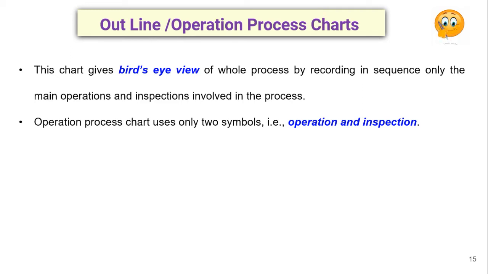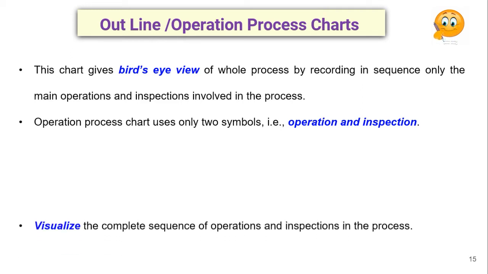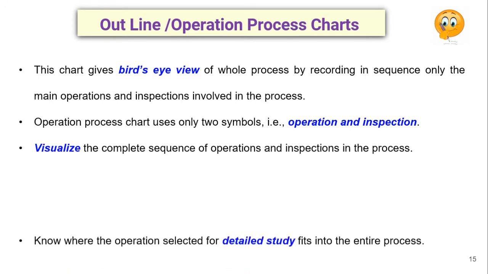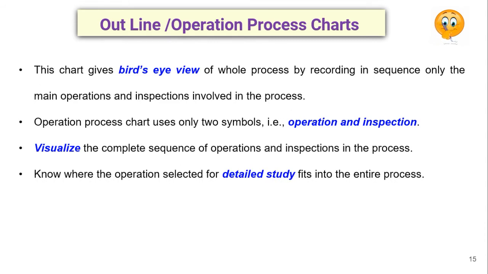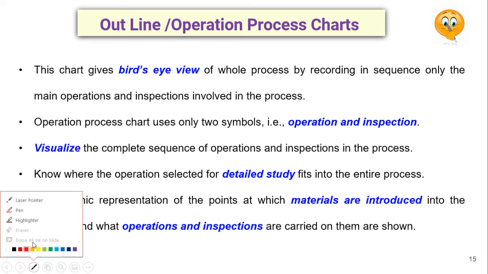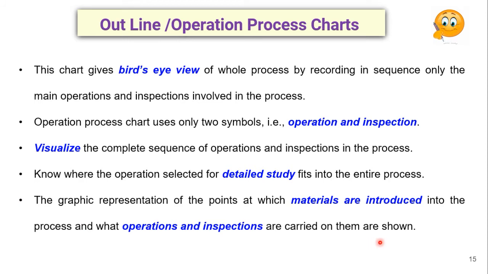Circle stands for operation, rectangle for inspection. It lets you visualize the complete sequence of operations and inspections in the process, and know where the operation selected for detailed study fits into the entire process. The graphic representation shows the points at which materials are introduced into the process and what operations and inspections are carried out on them.